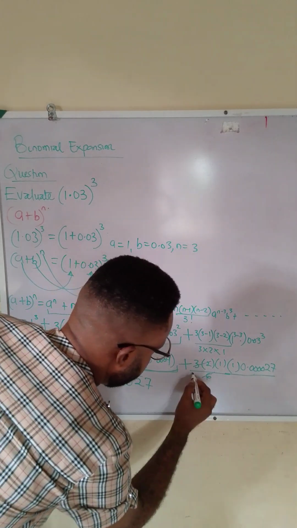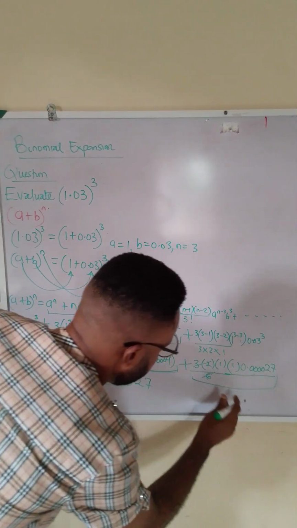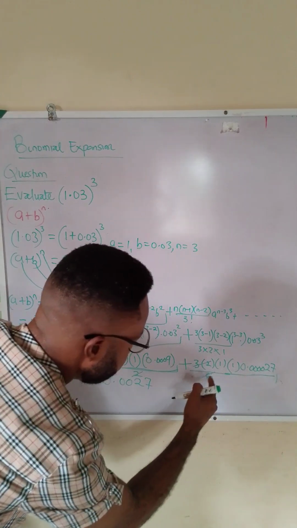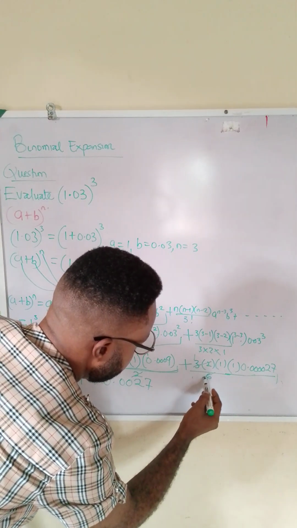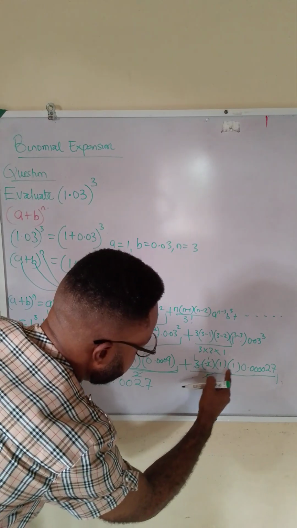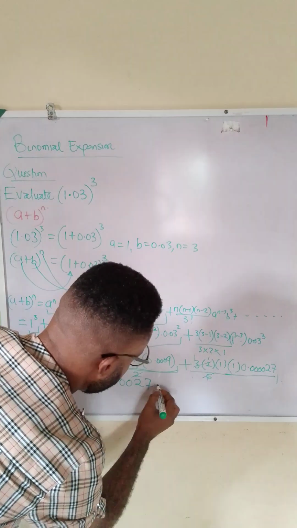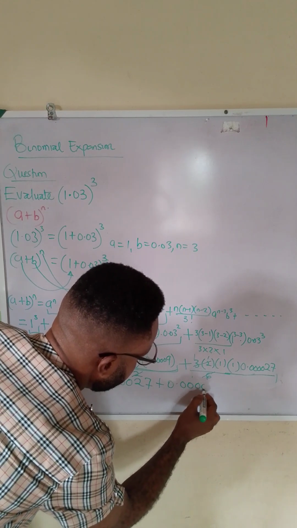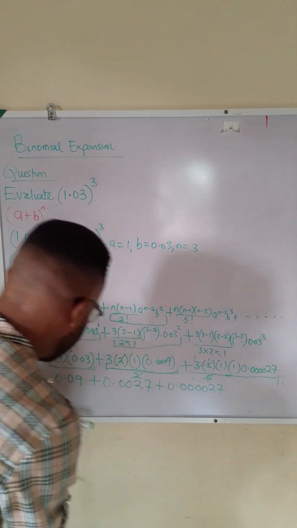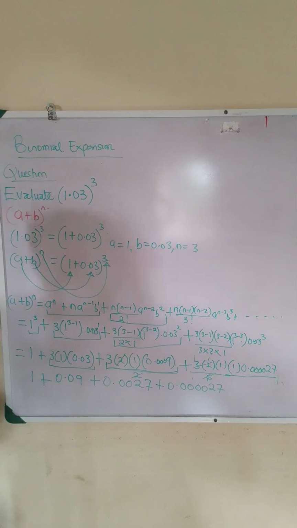And so we are considering this now. This will be 1 times 1 times 1 times this will give us the same, plus 0.000027. So we are going to add everything here.